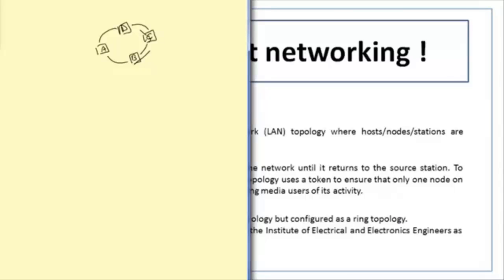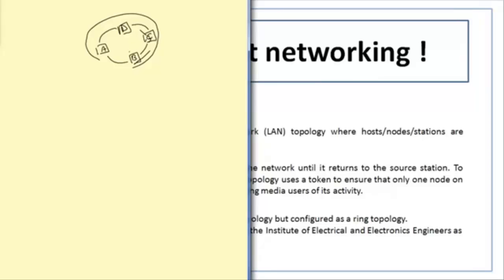And then there is something called a token which keeps on moving between all these PCs. That's why it is called token ring. Whoever wants to transmit or send information, that PC or host or node needs to have that token. Without the token, the station cannot transmit.